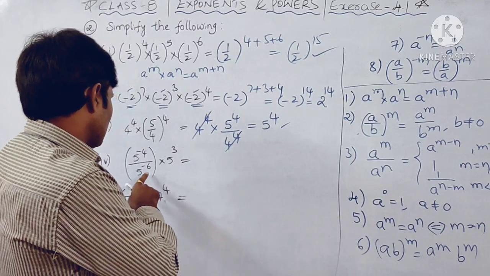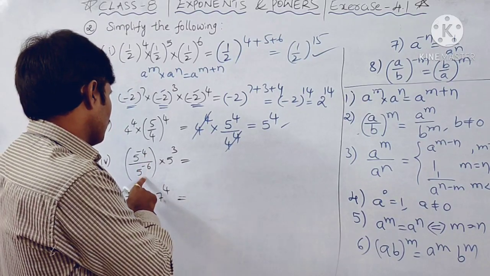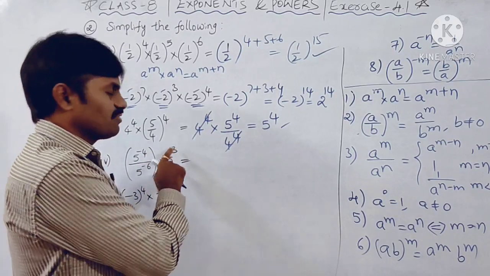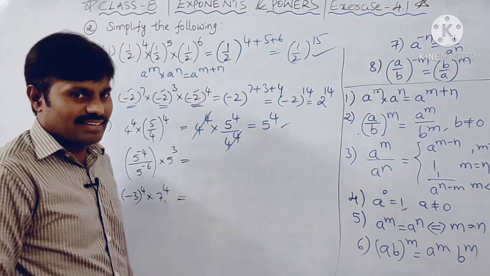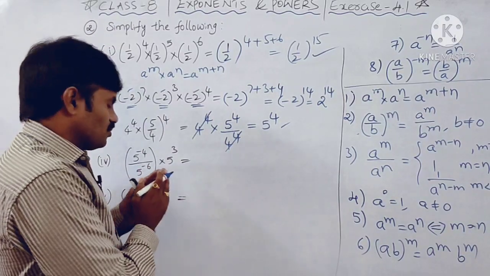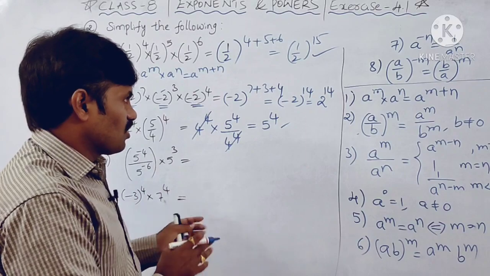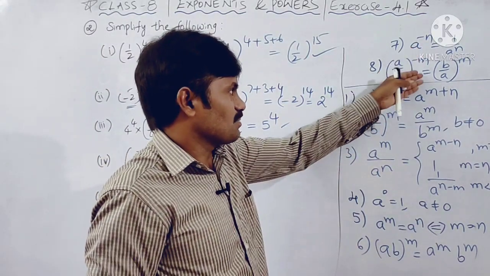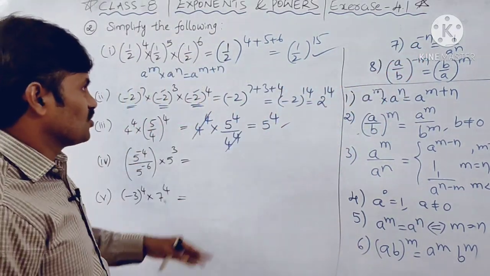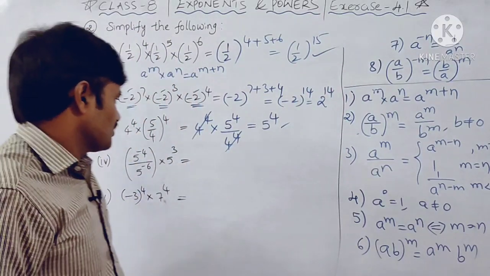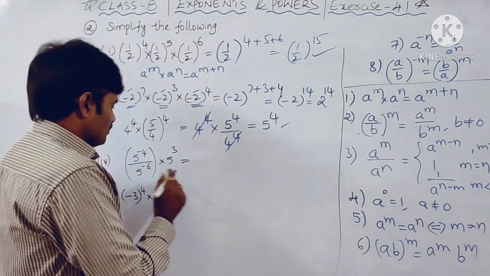Now see here: 5^-4 by 5^-6 into 5^3 is given. You may not get confused, just see these formulas. Powers are negative, so you have to go through the formulas.